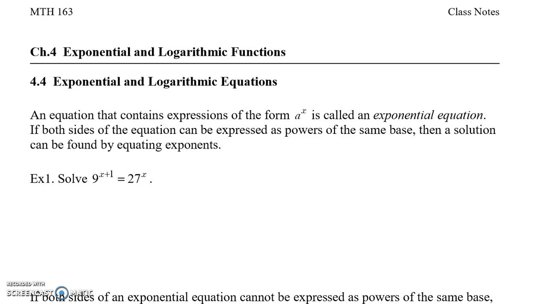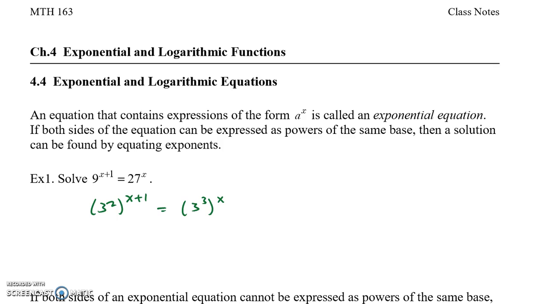So if we write 9 as 3 squared, then that's raised to the x plus 1. And 27 as 3 cubed, that's raised to the x. Then we can express both sides of the equation as powers of 3.